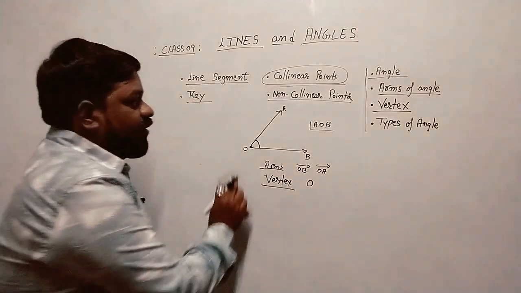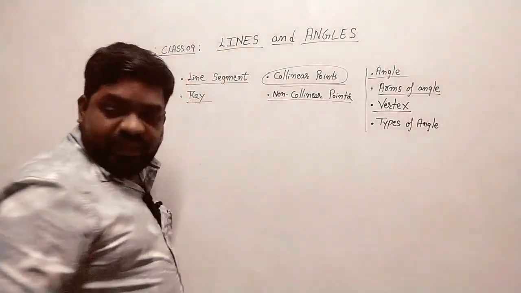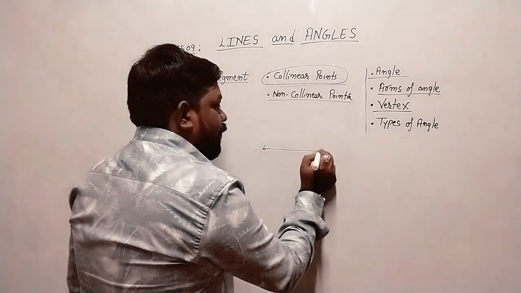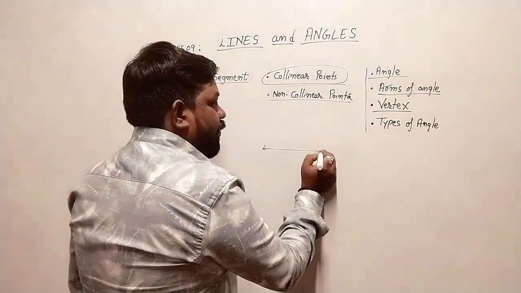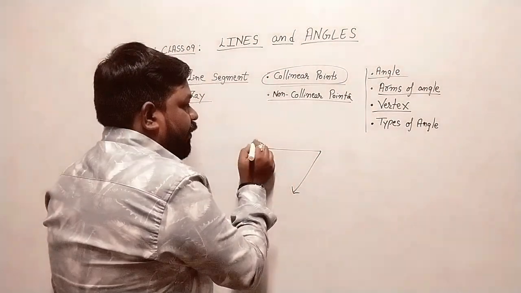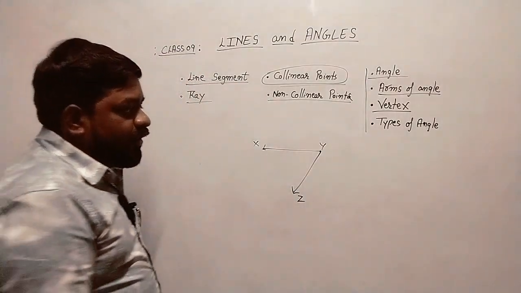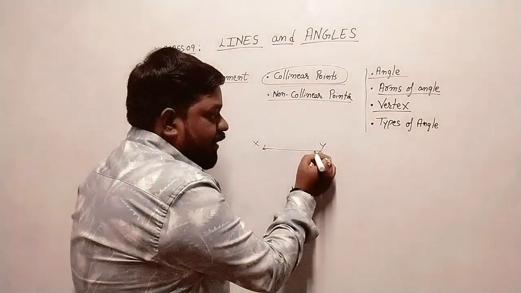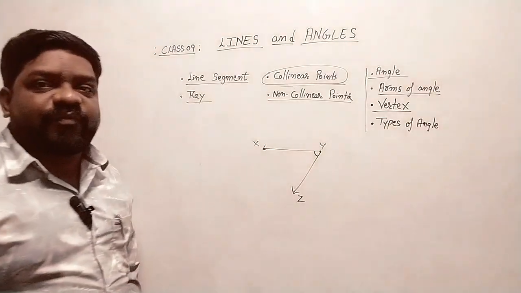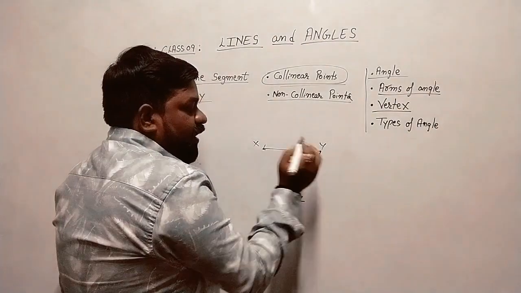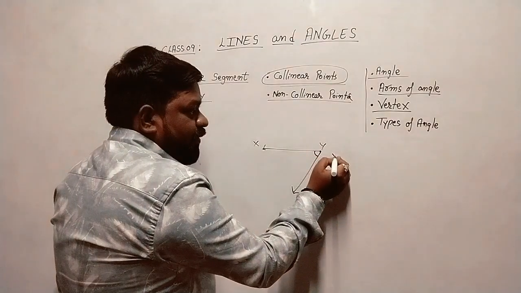We'll consider one more angle as an example. I will write it as X, Y and Z. The angle is formed at the point Y. Now, what are the arms of the angle?